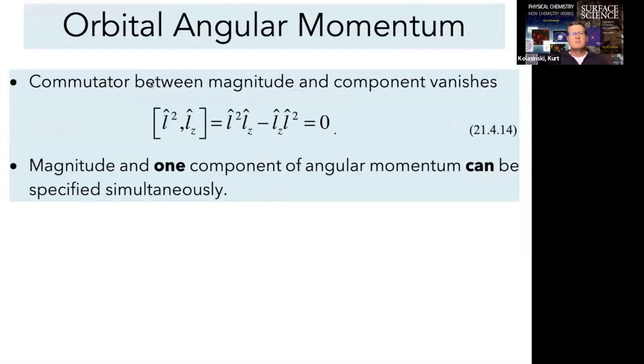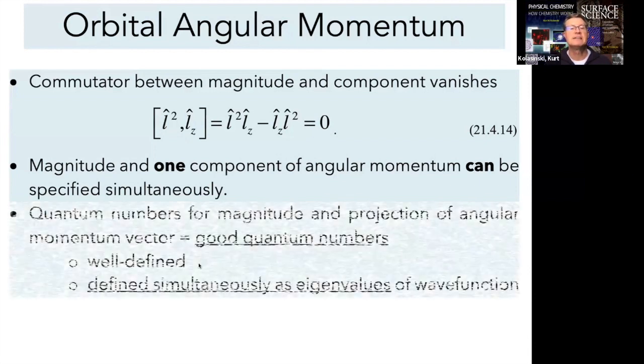The commutation relations, I mentioned these, right? You can't specify any two components, but you can simultaneously specify one component, the z component, and the magnitude, right? These two operators commute. They have a zero commutator, and therefore the magnitude and one component, the z component of angular momentum, can be specified simultaneously.